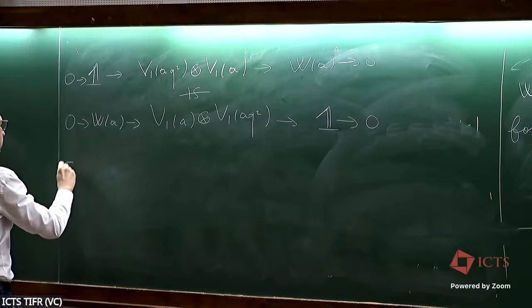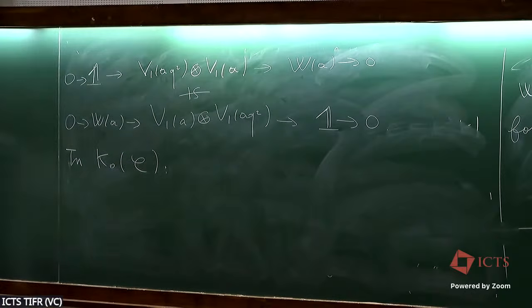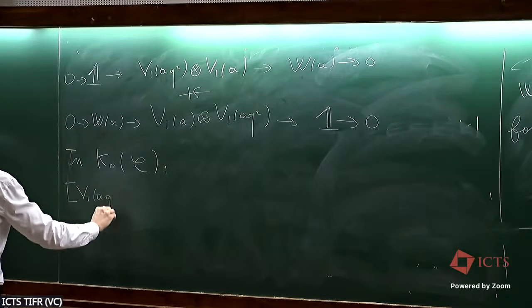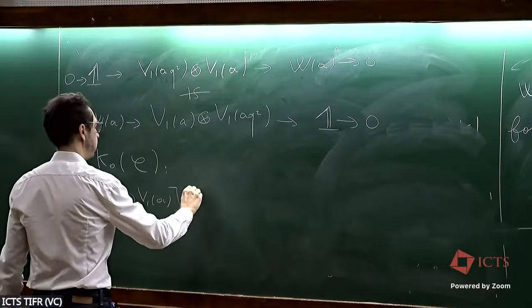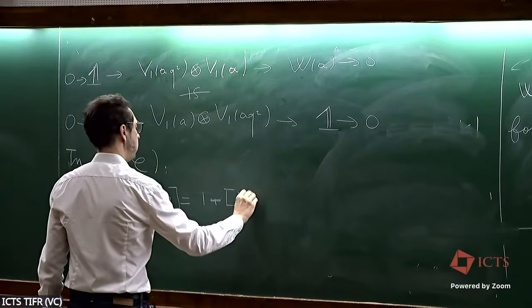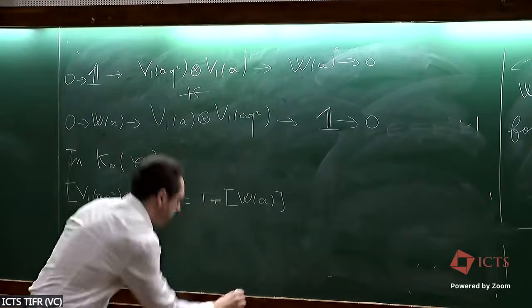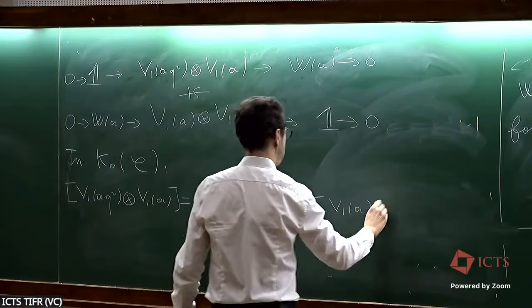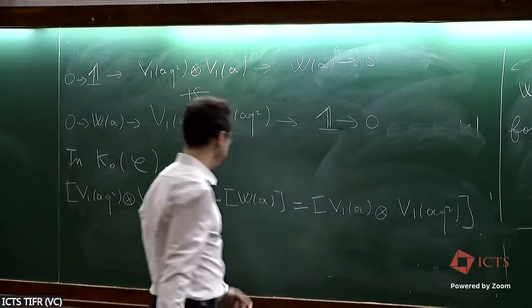So V1 in K0 of C is 1 plus W, and it is the same as AQ2.